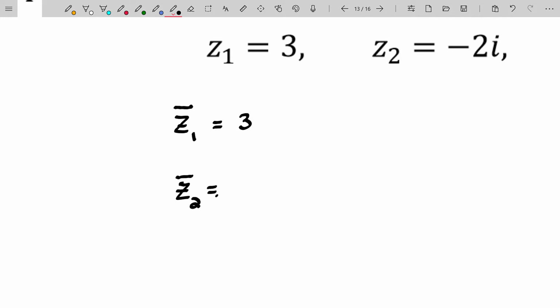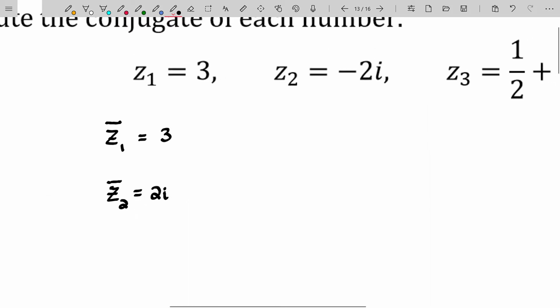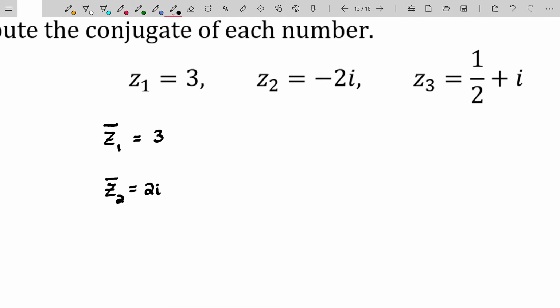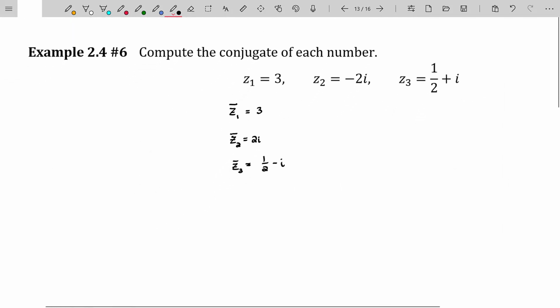Z sub 2 bar, well, z sub 2 is actually 0 minus 2i, and so its conjugate is going to be 0 plus 2i, or in other words, just positive 2i. So in this case, the conjugate of a pure imaginary number is going to be the opposite of that pure imaginary number. And finally, z sub 3, which is 1/2 plus i, its conjugate is actually, I think, for most people the easiest, because it's just 1/2 minus i. So real quick ways to compute conjugates.